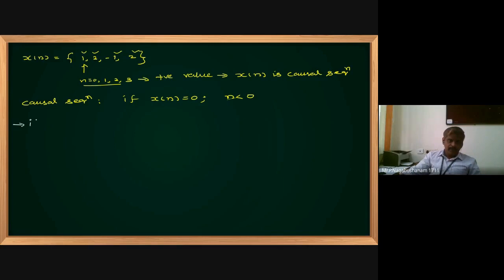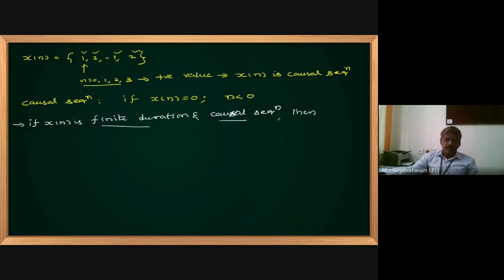If x of n is finite duration and a causal sequence, I repeat, if x of n is finite duration and a causal sequence, then ROC is the entire z plane except z equal to 0.